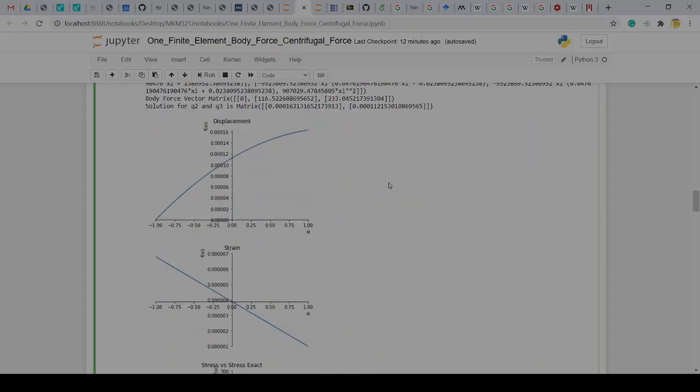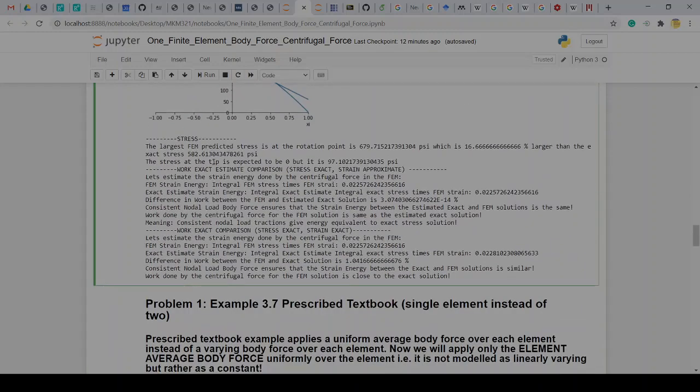I'll talk about the stress at the end, but for now the work exact. So let's estimate the strain energy. The FEM strain energy is this value here, in energy units. I didn't put the units in, but it's essentially energy units in this imperial system.